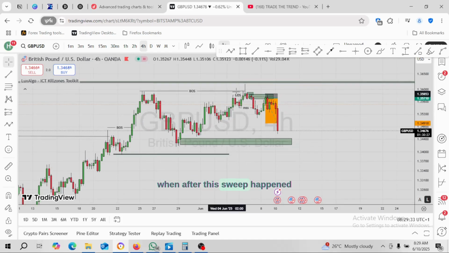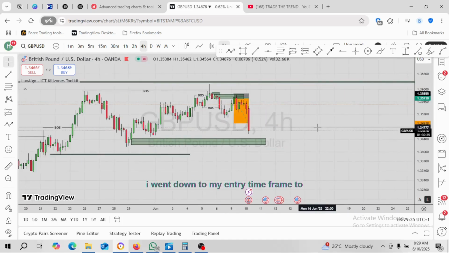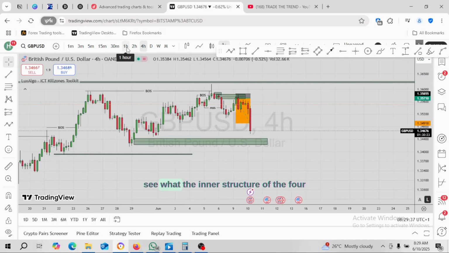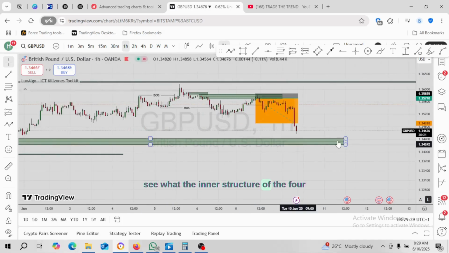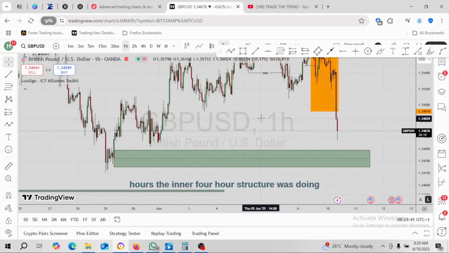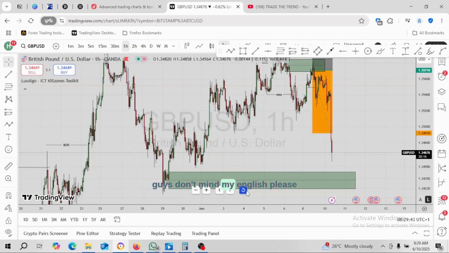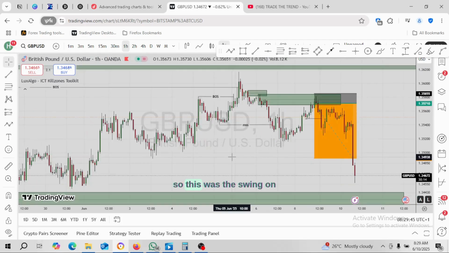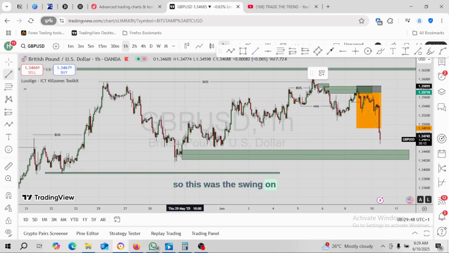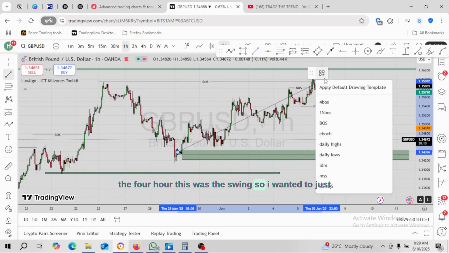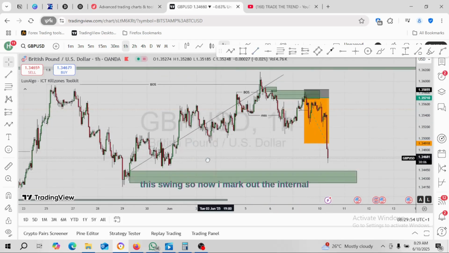After this sweep happened, I went down to my entry time frame to see what the inner structure of the 4 hour was doing. Guys, don't mind my English, please. So this was the swing on the 4 hour. I wanted to investigate what price was doing on this swing.